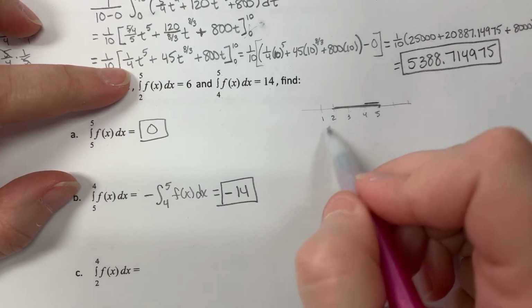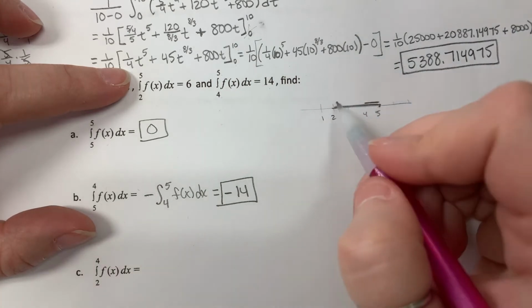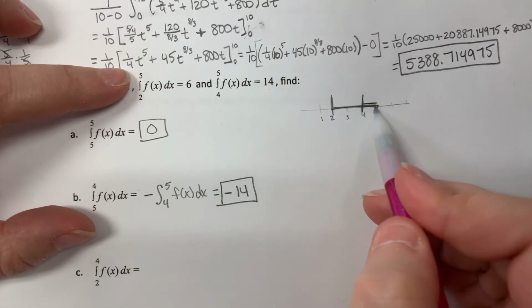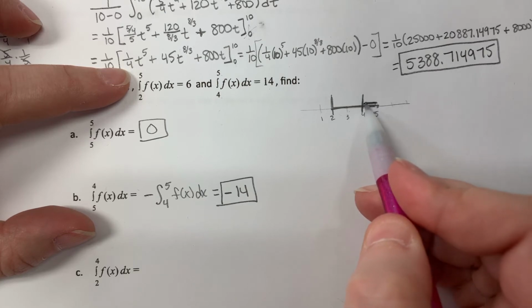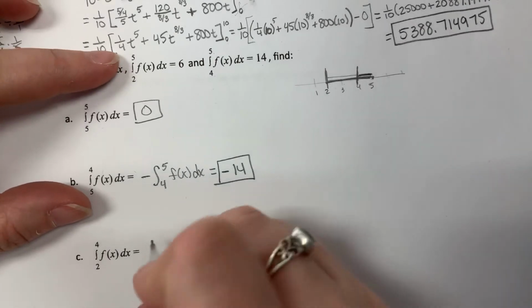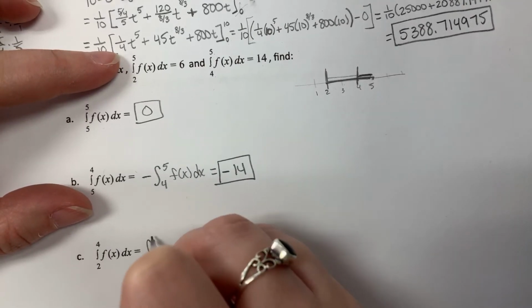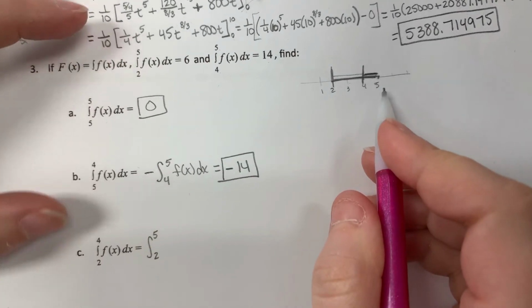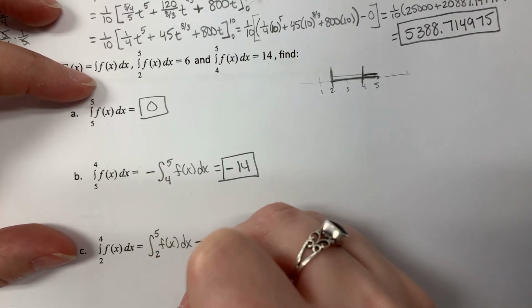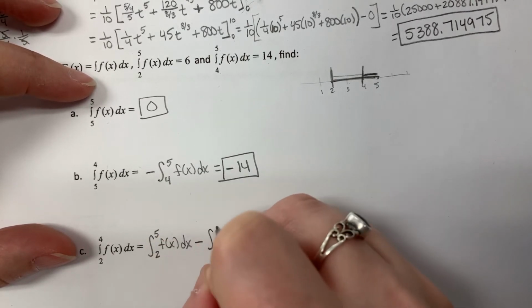So if I want to know what is it from 2 to 4, which is from here to here, what I could do is take the whole thing and then subtract this away, and then I would have this left, right? So this is the same thing as me saying the integral of 2 all the way up to 5 of f of x minus from 4 to 5.